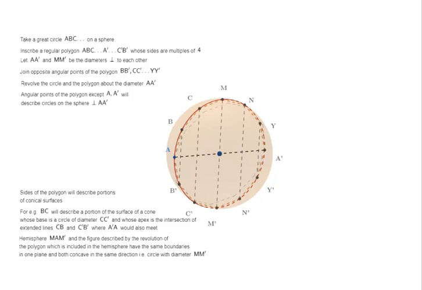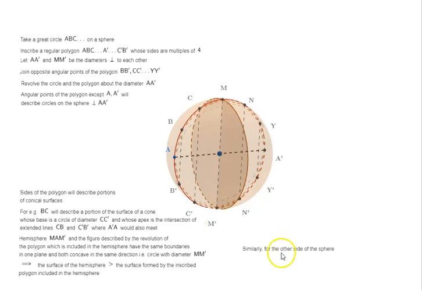That is the circle M'N', which means that the surface of the hemisphere is greater than the surface formed by the inscribed polygon included in the hemisphere. The same would apply to the other side of the sphere as well.